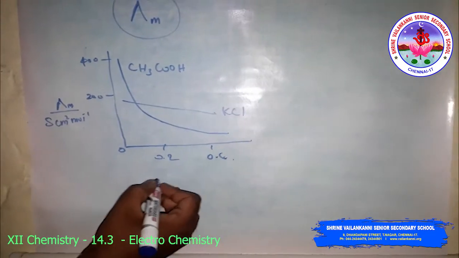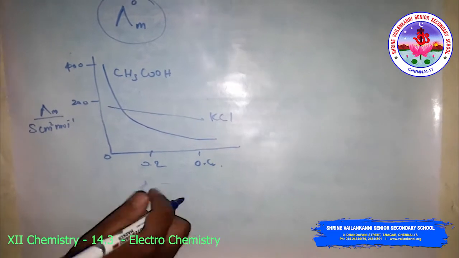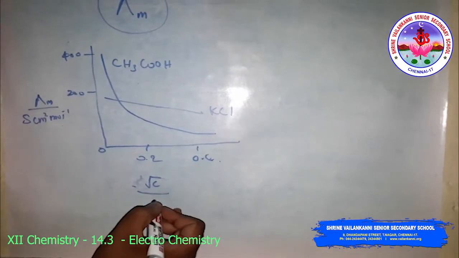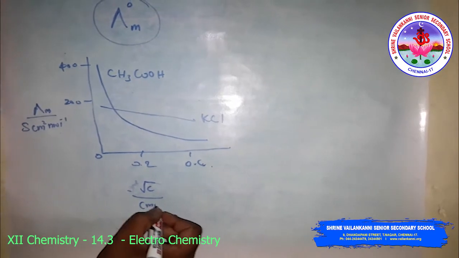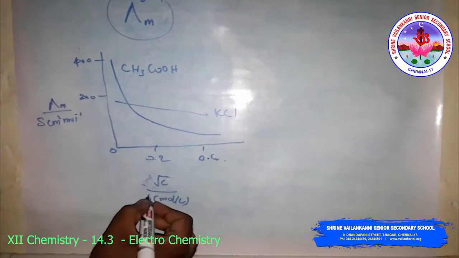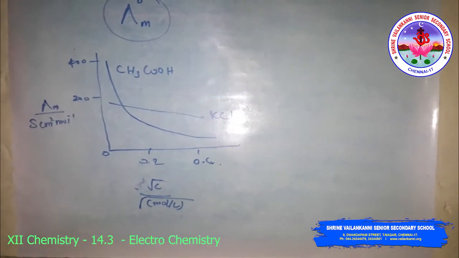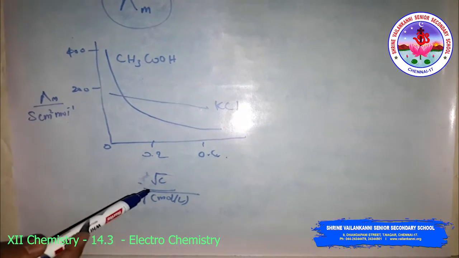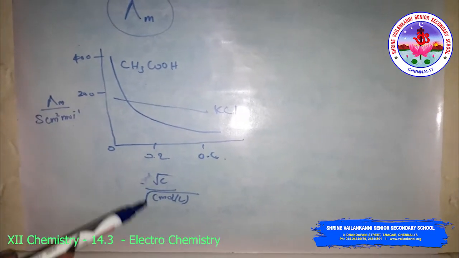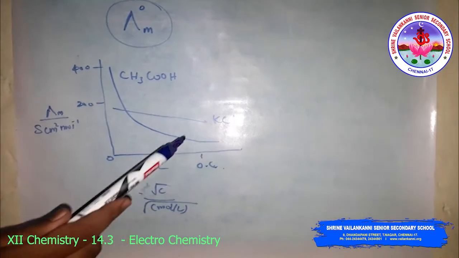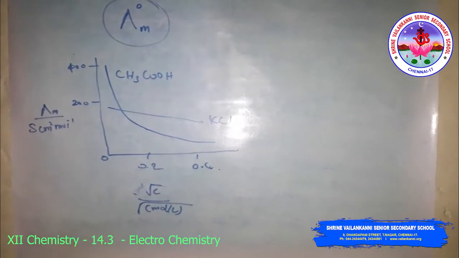This is the concentration, root C divided by root of mole per liter. This is the molar conductivity versus root C for acetic acid, the weak electrolyte, and potassium chloride, a strong electrolyte in aqueous solution.